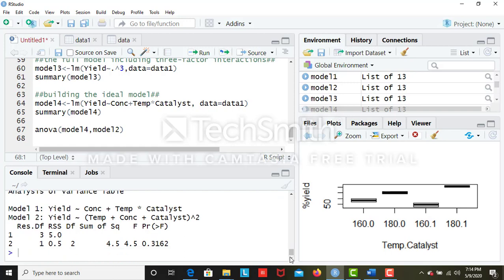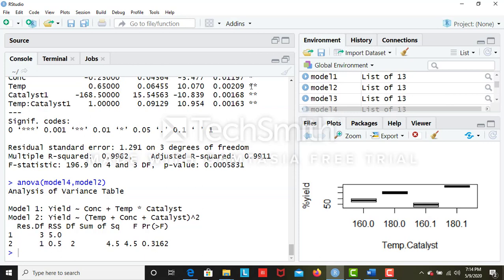So I have my p-value to be greater than, which is also that will be my comparison between the two models. There's no major significant difference, but I will prefer the fourth model because all my terms here are significant.